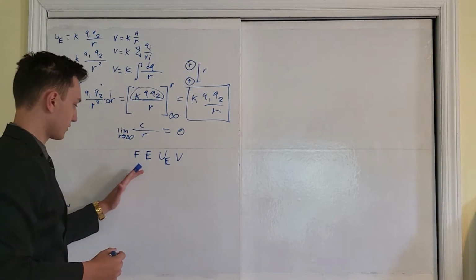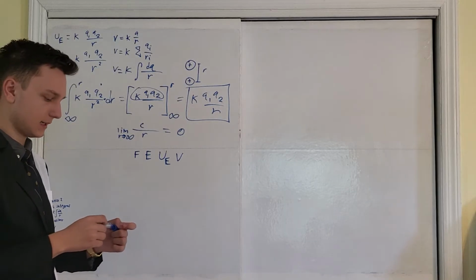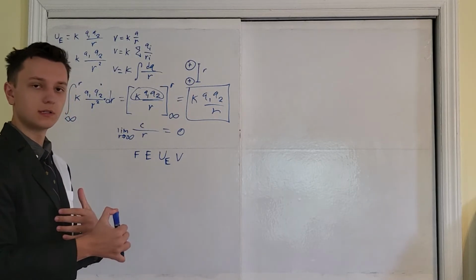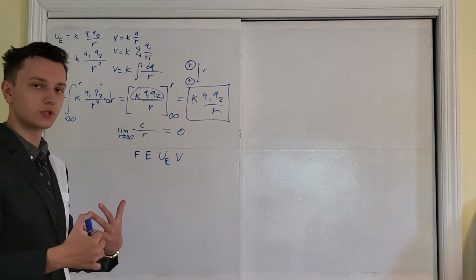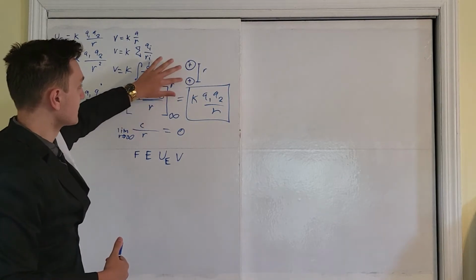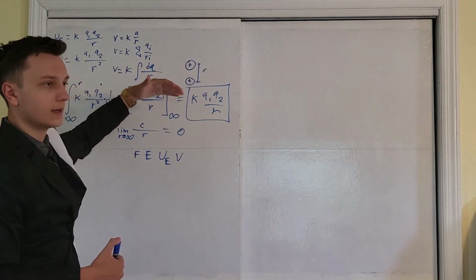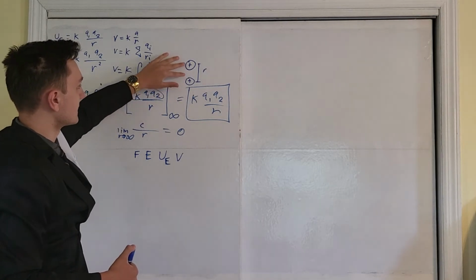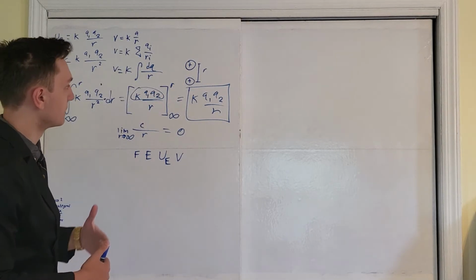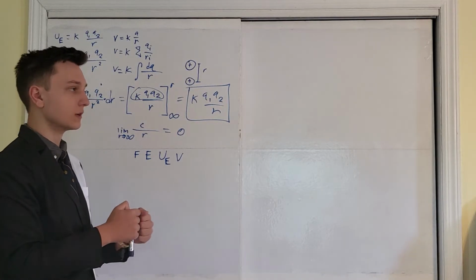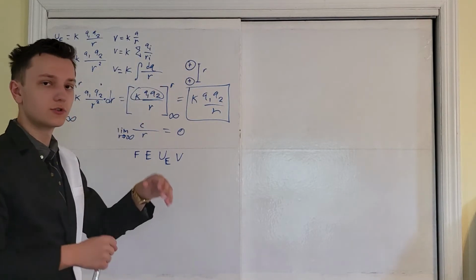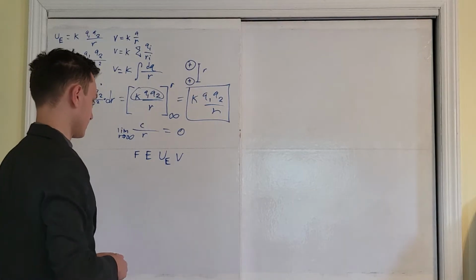Electric force, I think, is the easiest to understand. It is the repulsive or attractive force, depending on the charges, that exists between any charges. You can see here that at any distance r away from an amount of charge, there will be a repulsive force between like charges and an attractive force between unlike charges.